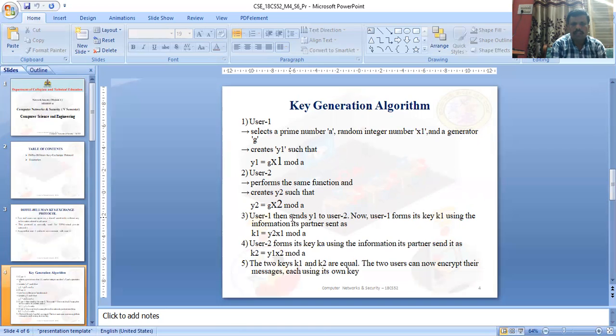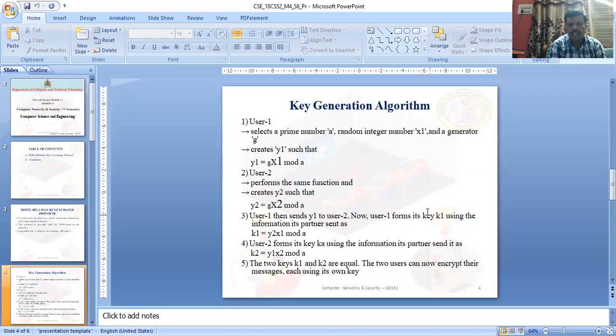User one sends the calculated y1 value securely to user two. Now user one forms its key, k1, using y2 to the power of x1 mod a.